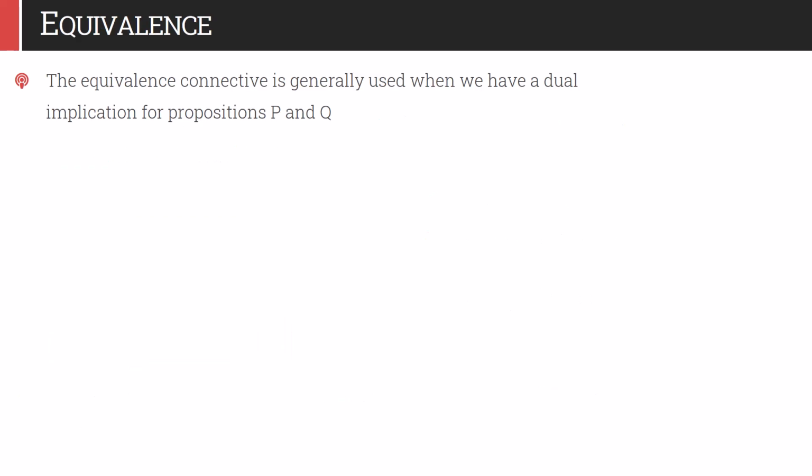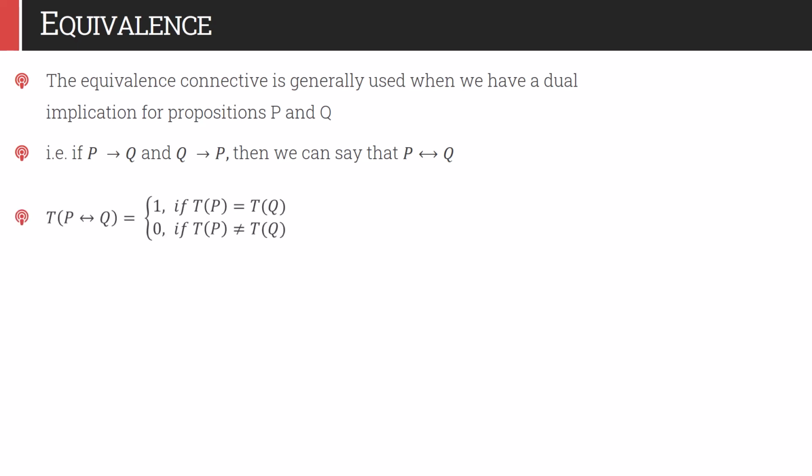The equivalence connective is generally used when we have a dual implication. In the previous slide, we saw one-sided implication from P to Q, but whenever it is true in both directions, then we can use equivalence. That is, if P entails Q and Q entails P, then we can say P equivalence Q. And the truth value of P equivalence Q would be 1 if the truth values of the individual propositions are the same, and it would be 0 if they are not identical.